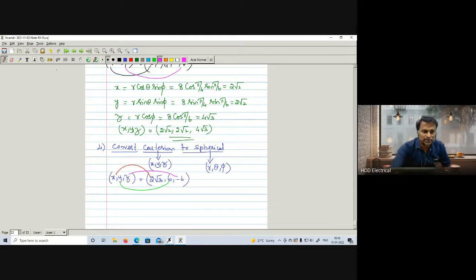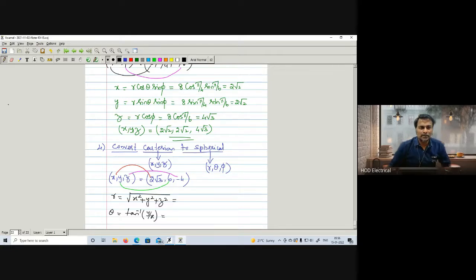So from this we can first write the spherical coordinate equations. We know the spherical coordinates: r is nothing but square root of x square plus y square plus z square. Then theta can be written as tan inverse of y by x.